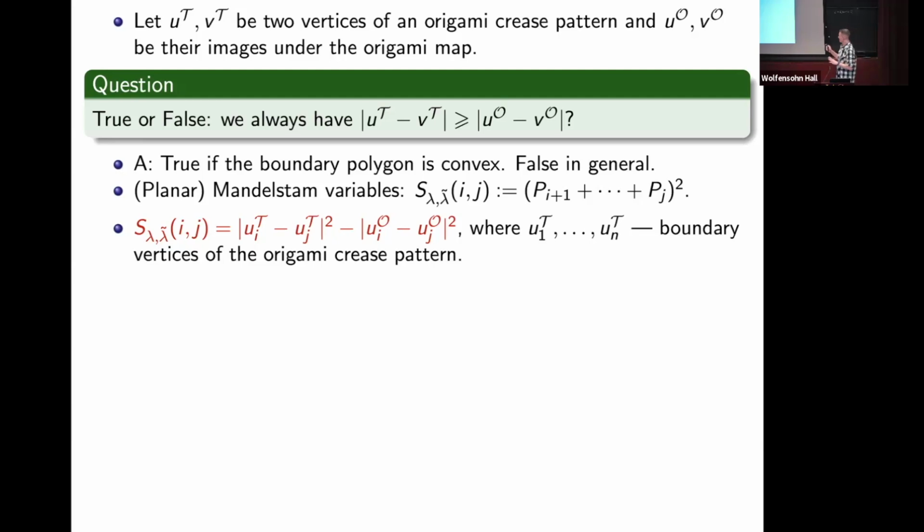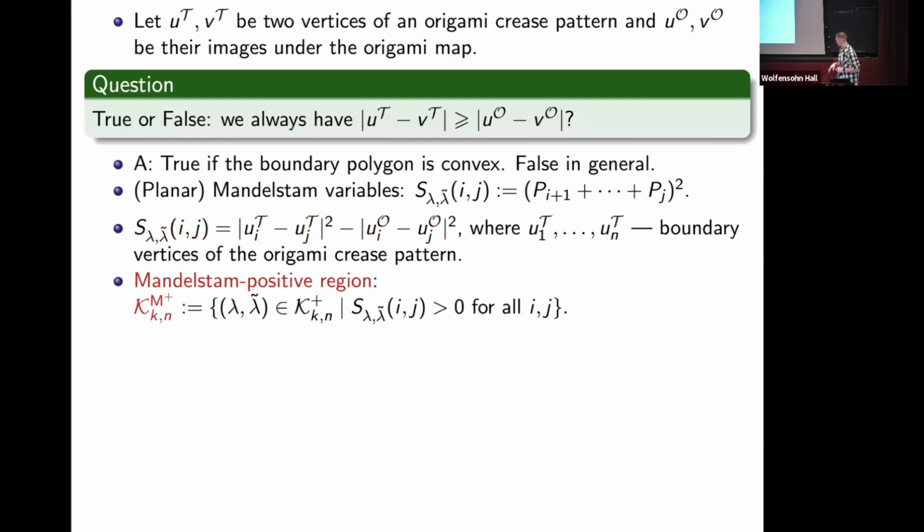So positivity of Mandelstam variables precisely corresponds to situations where this inequality is true for all pairs of boundary points. And in general, it's false. And the physicists also know that sometimes the Mandelstam variables become negative. That has been their problem as well.